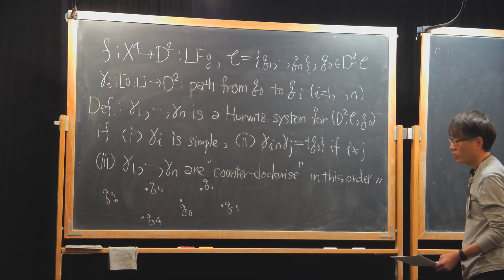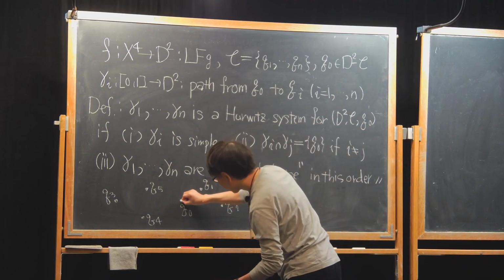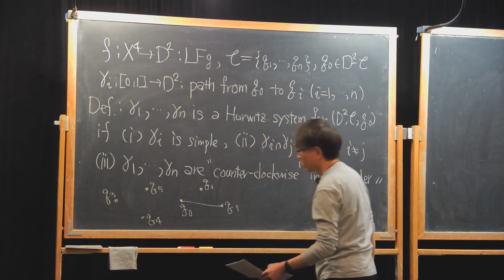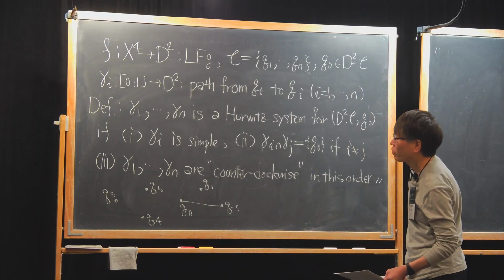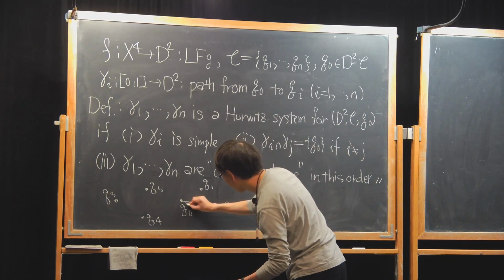So there are 5 critical values, and gamma 1 to gamma 5 are something like this.